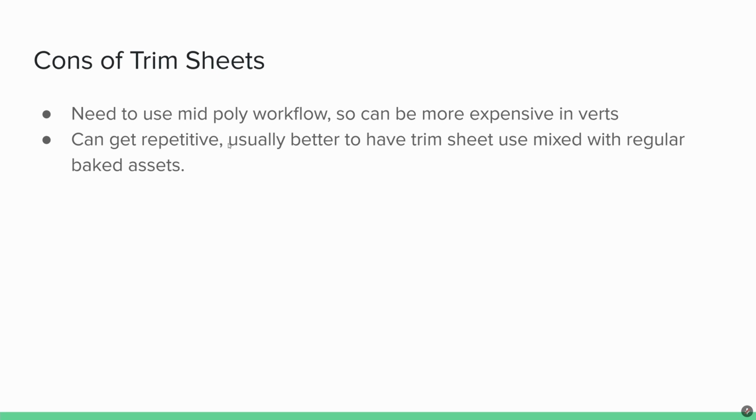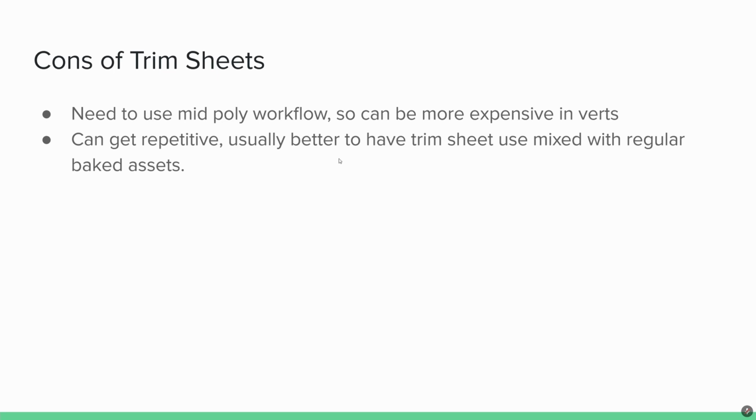Another thing is that it can get repetitive, especially if your trim sheet is too detailed. You'll often see the same things, and because of that, you can start to see that, okay, this was over here, everything starts to look the same. A cool way to fix that is just by using materials.